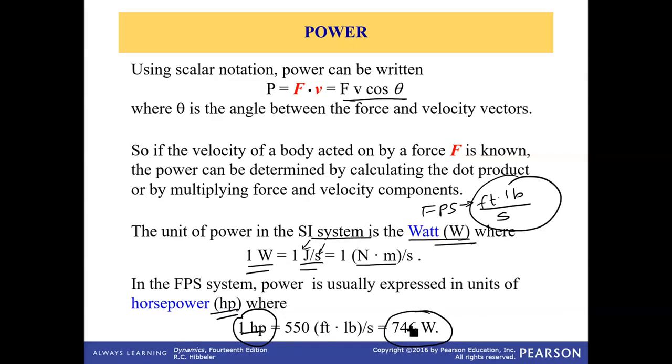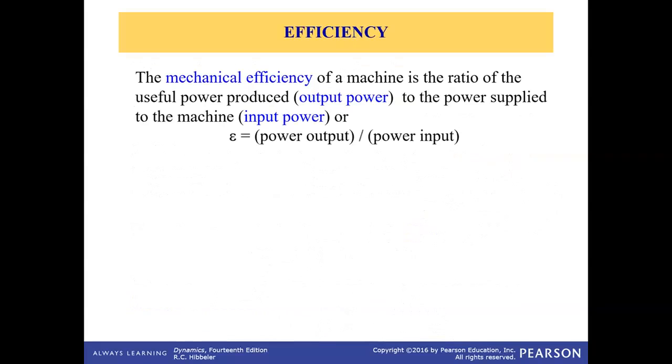So 1 horsepower is 746 watts, or 1 horsepower is 550 foot-pound per second in the FPS system. Using this conversion, we can convert it into either of the units.